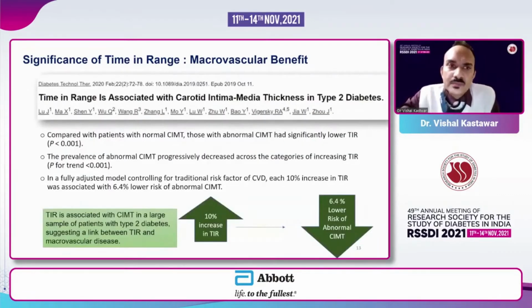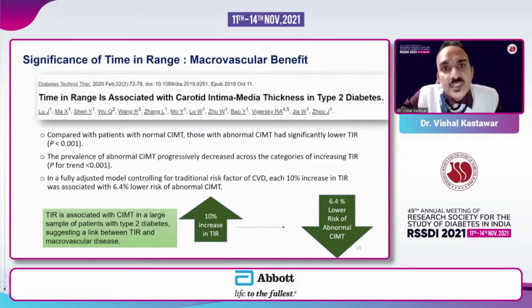Not only this, there is another data from Lu et al. from China, and they have shown that time in range was associated with carotid intima media thickness in type 2 diabetes mellitus. Carotid intima media thickness, we know, is a surrogate marker for atherosclerosis. A 10% improvement in time in range was found to be associated with 6.4% lower risk of abnormal CIMT.